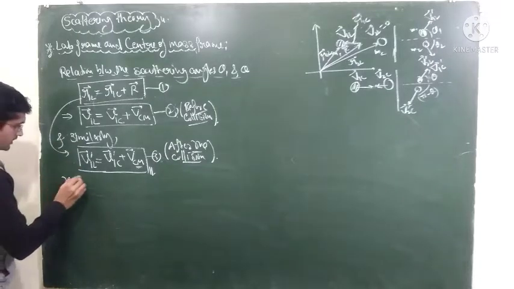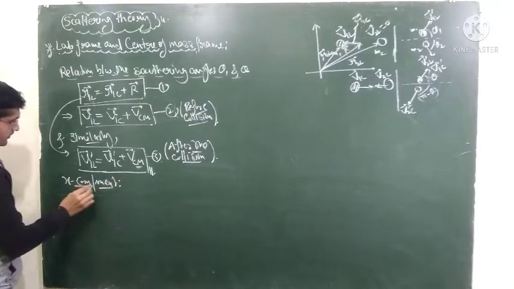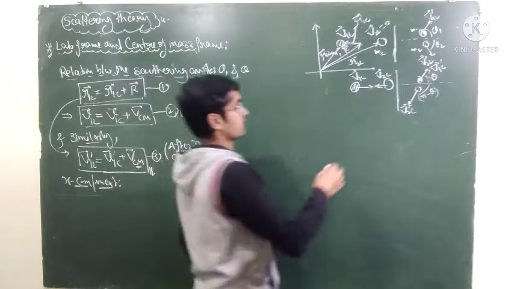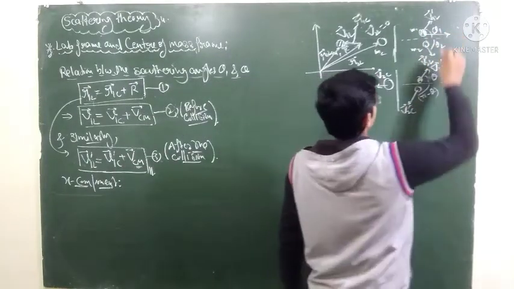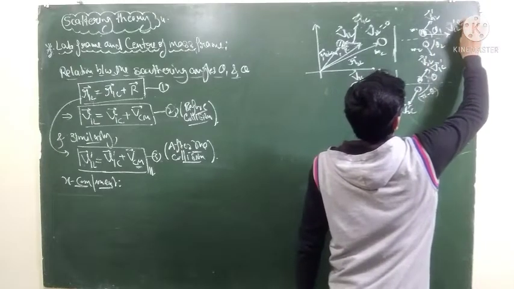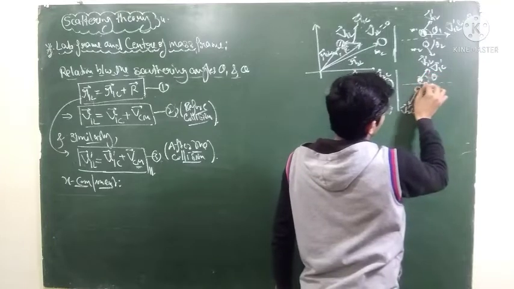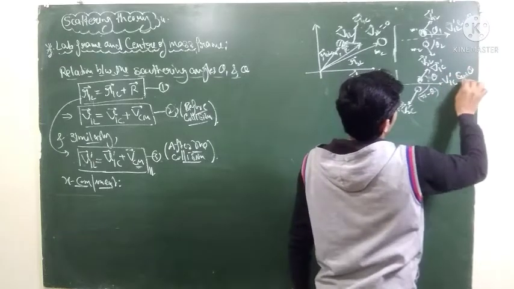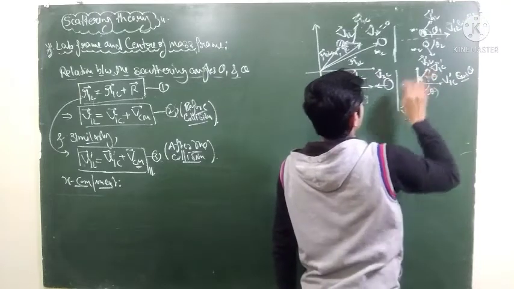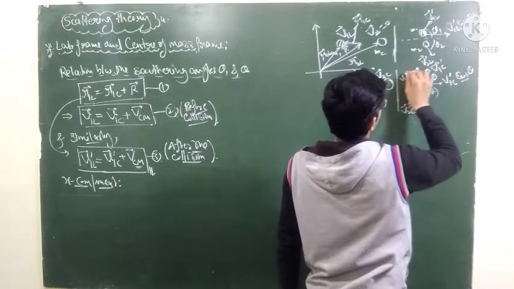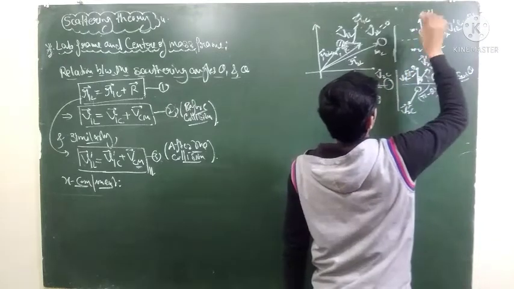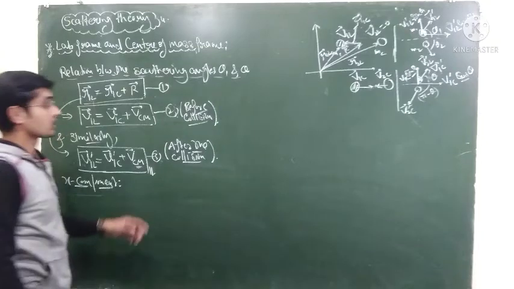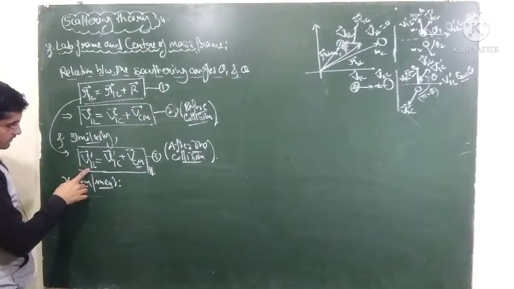So the x component will be the x component of the velocity of particle 1 in the lab frame after the collision, so it will be v1l dash cos theta1, and the x component of the velocity of particle 1 in the center of mass frame will be v1c dash cos theta. The vertical component in the center of mass frame will be v1c dash sin theta, and this will be v1l dash sin theta1, right?